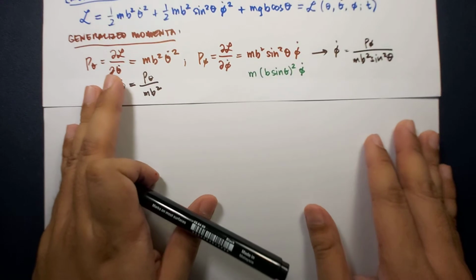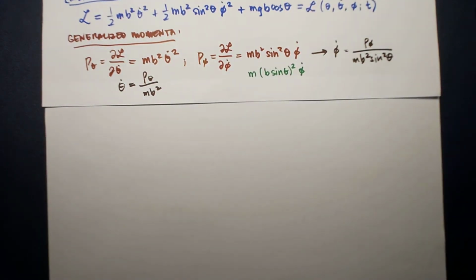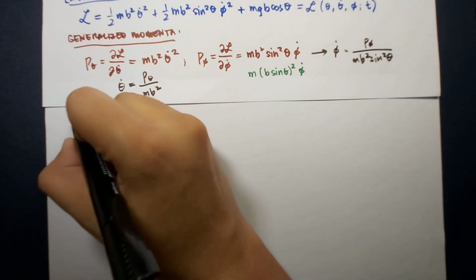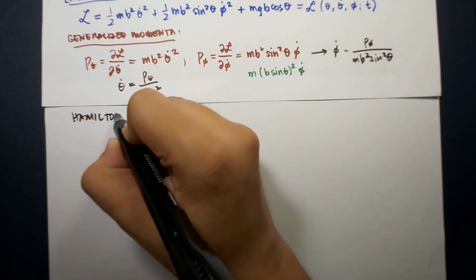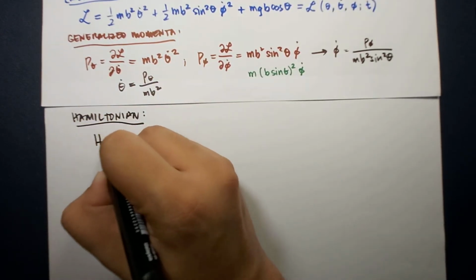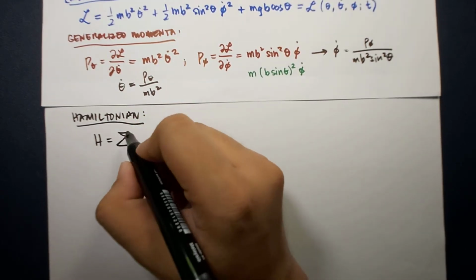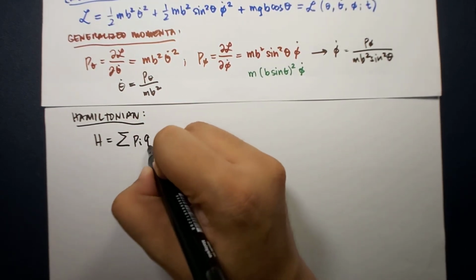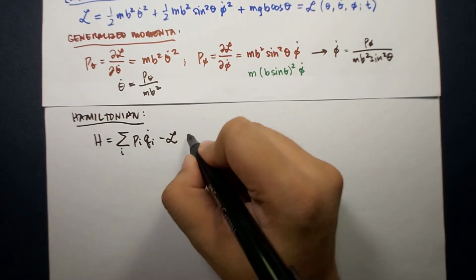The Hamiltonian of the system would be H equals the sum of Pi Qi dot minus L for all i.